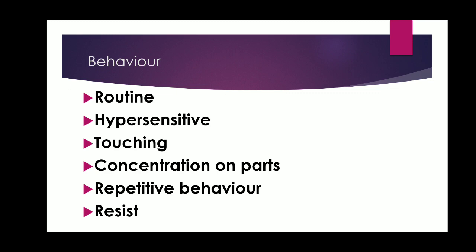And next is repetitive behavior. They will do one thing more and more times. If they are playing with one toy, they will play it again and again and again. If they are sharpening the pencil, or if they are combing their hair, they will comb their hair for a long time, for example 30 minutes, 40 minutes, or more than that.